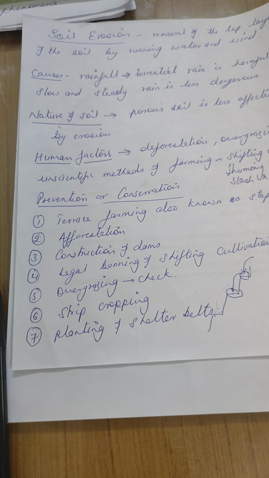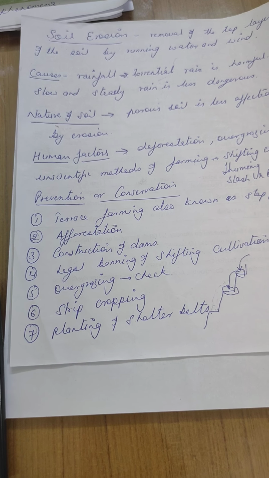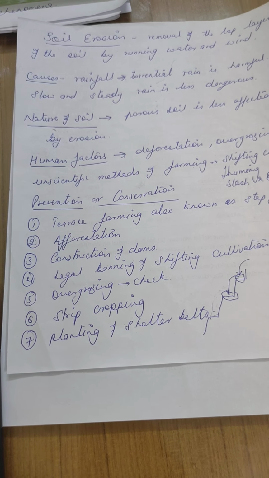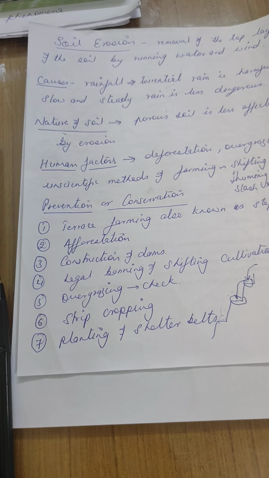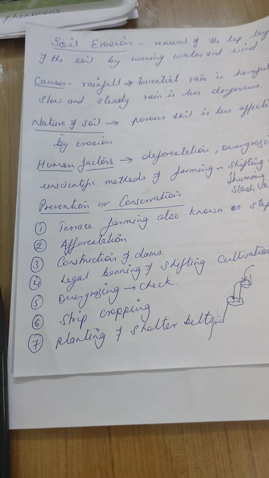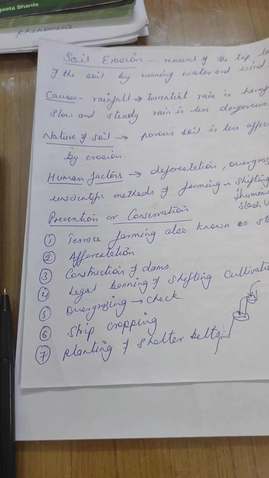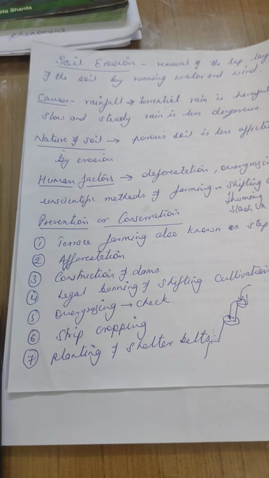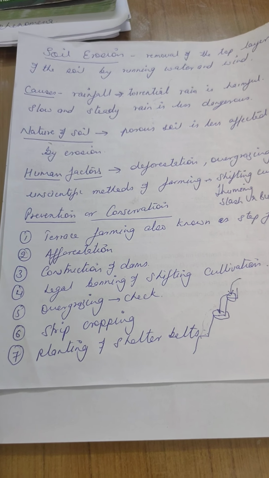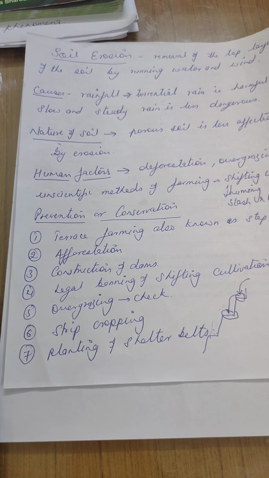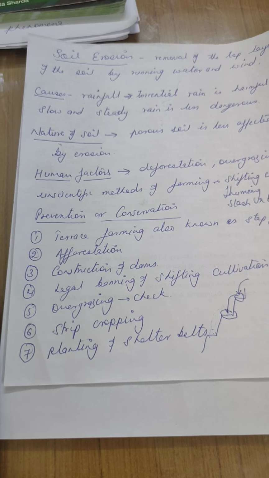Once the stems get finished, they start pulling out the roots. That means your soil is left without any cover, without any protection. So when the rain falls or the wind blows, that soil will be carried away with the water or with the wind. This is called overgrazing.